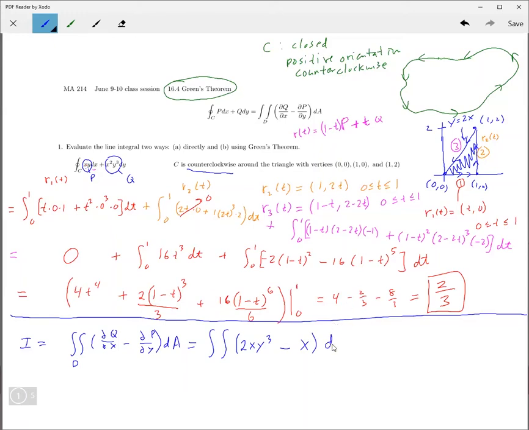Okay, I'm going to integrate with respect to y first and then x. So with respect to y, this lower curve is y equals 0, so I can put 0 here. And what do I put up here? What goes right here? 1? No, this is in y. What are the boundaries on y?